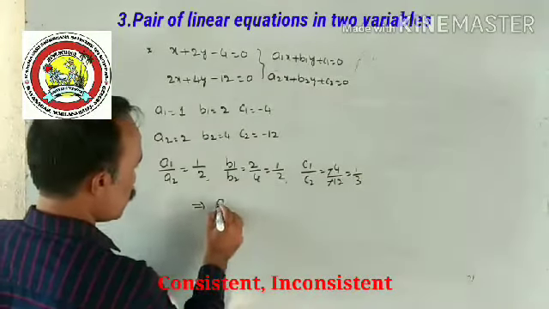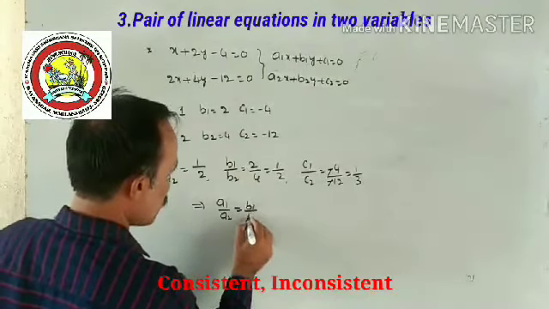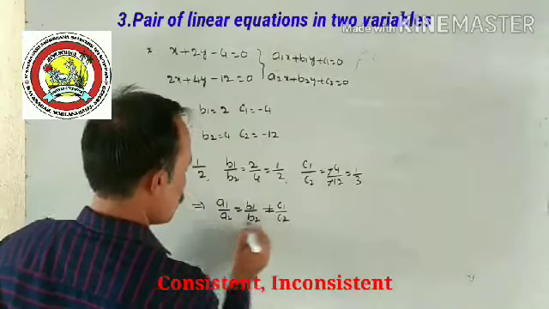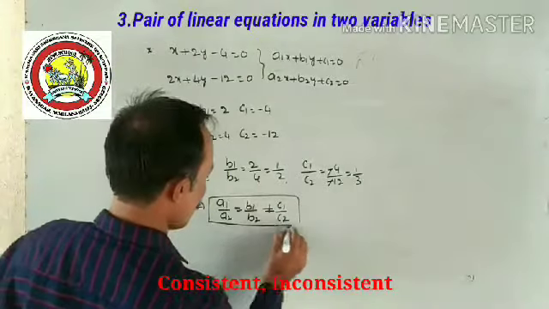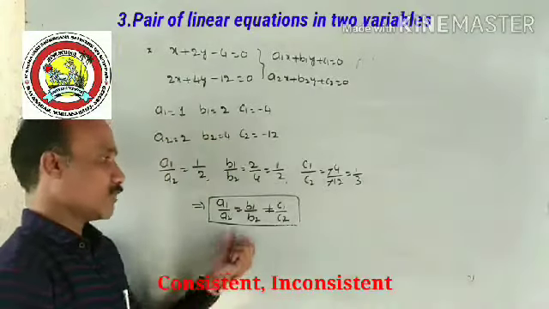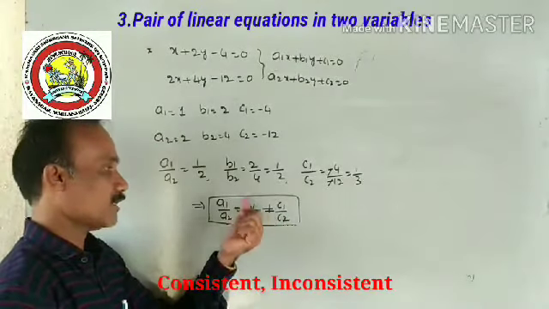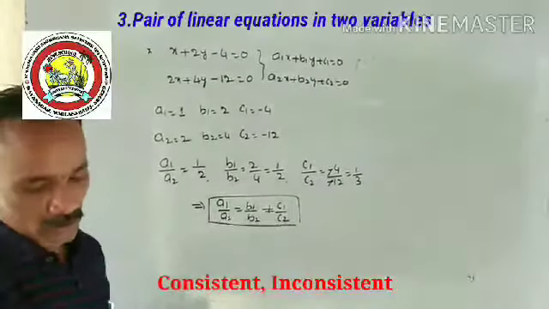Very important: a1 by a2 is the same as b1 by b2, but is not equal to c1 by c2. First two are equal and the third one unequal.